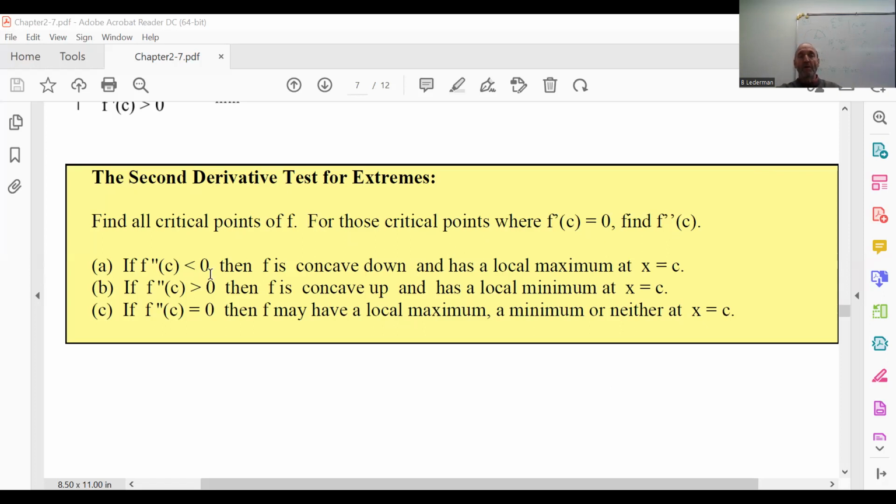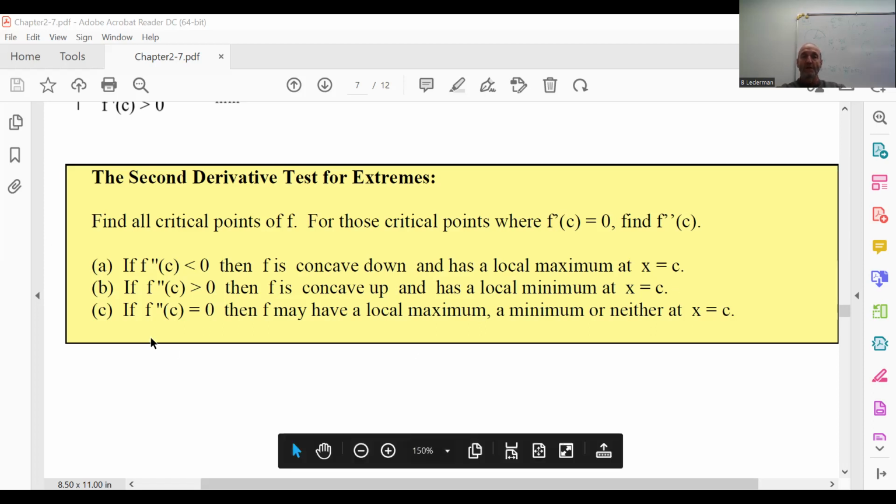If f double prime of c is less than 0, then f is concave down and has a local max at x equals c. If f double prime is greater than 0, meaning it's positive, then the function is concave up and has a local min at x equals c.